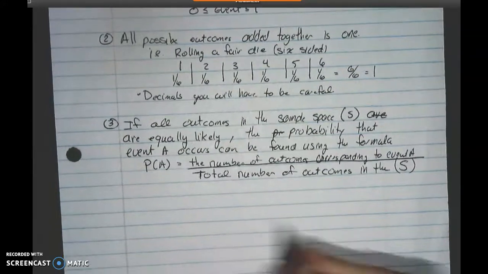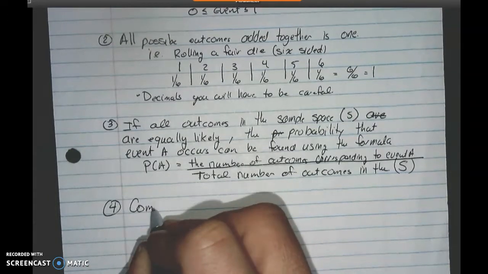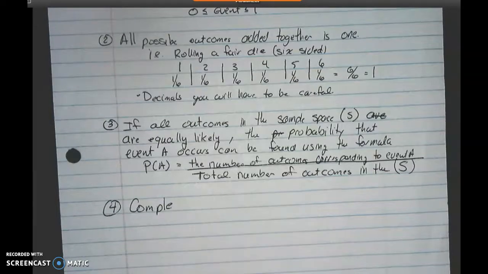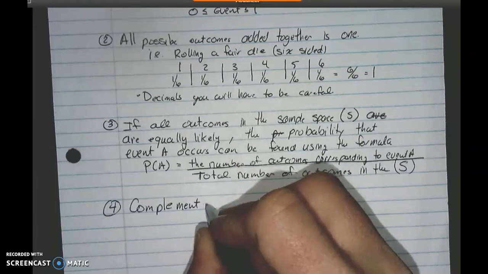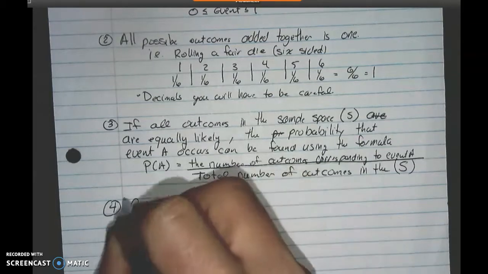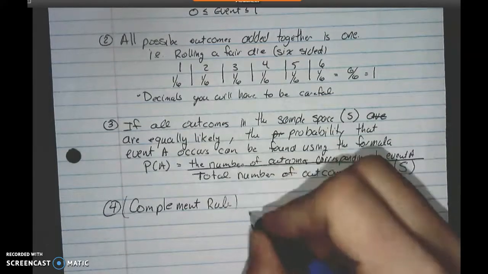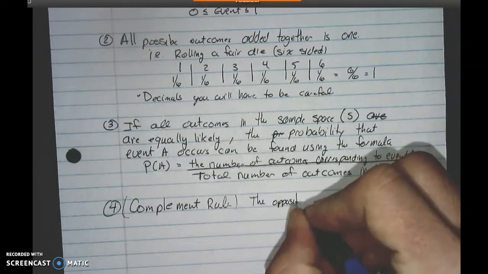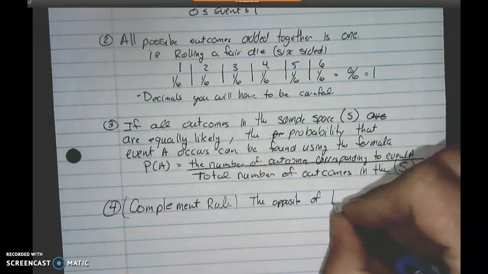Number 4, this is our complement rule. All right, and in this complement rule, what we're looking at is the opposite of the event happening.